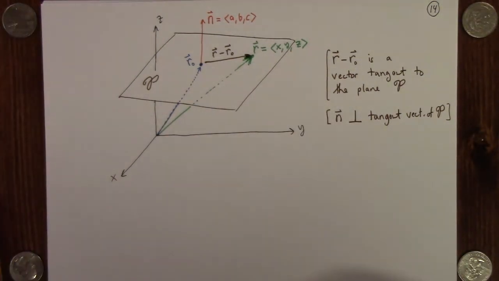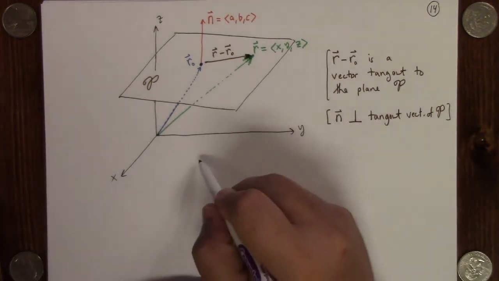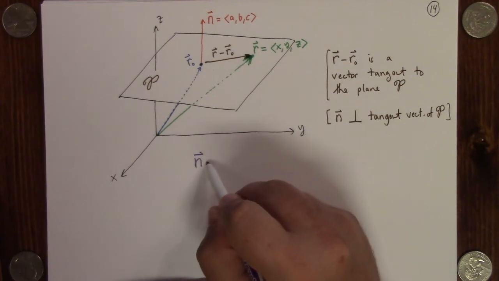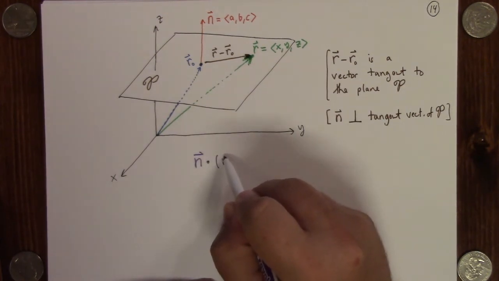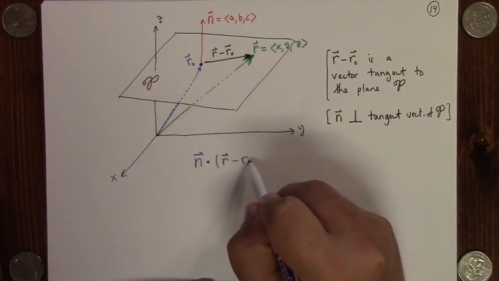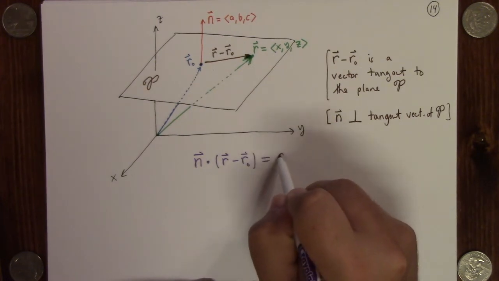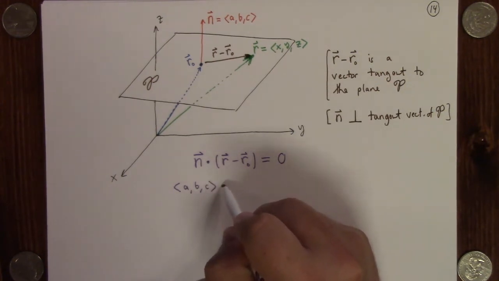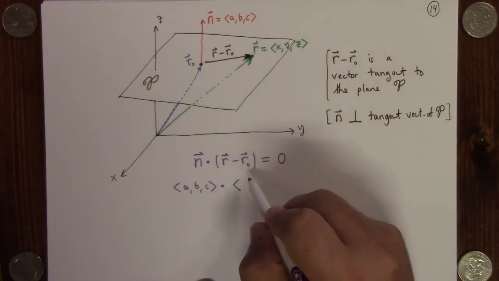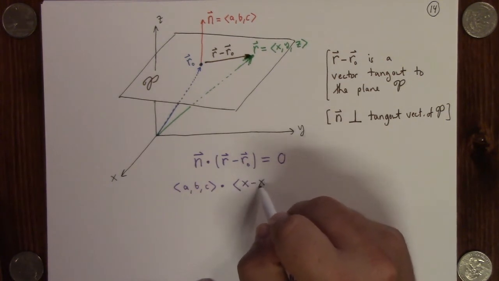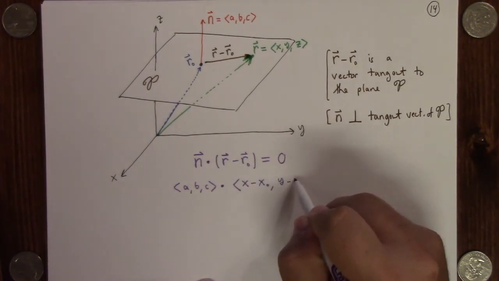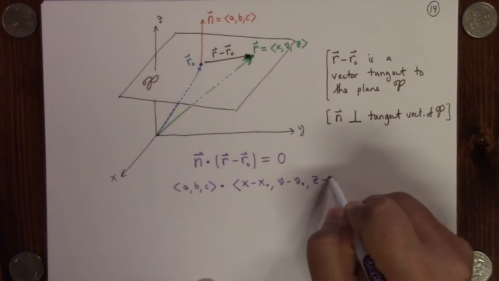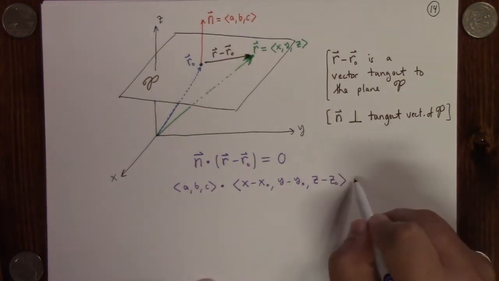But we know what that means. That means that the dot product of the normal vector and this tangent vector has to be 0. The normal vector is A, B, C, and R minus R naught is X minus X naught, Y minus Y naught, Z minus Z naught. That's all equal to 0.